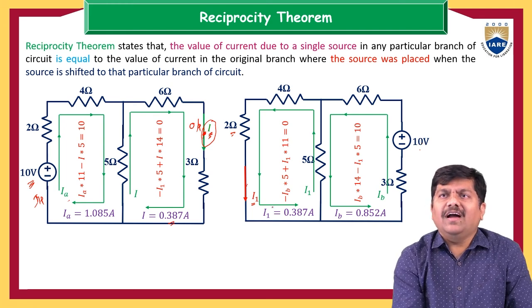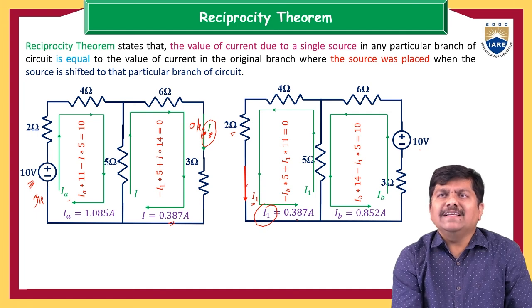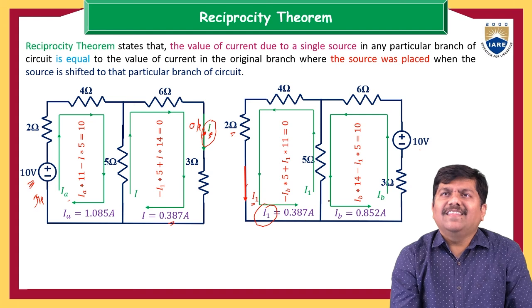These two values we have to compare. Here I is 0.387 amps. Here also I1 is 0.387 amps. Both are the same. Hence the reciprocity theorem is proved.